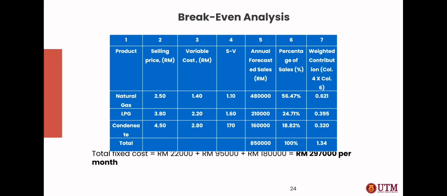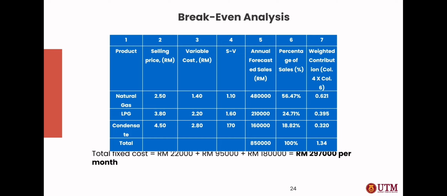Next is the break-even analysis, which is one of the core objectives of the study. The total fixed costs, including utilities, equipment, and equipment leasing, is around 297,000 ringgit Malaysia per month.